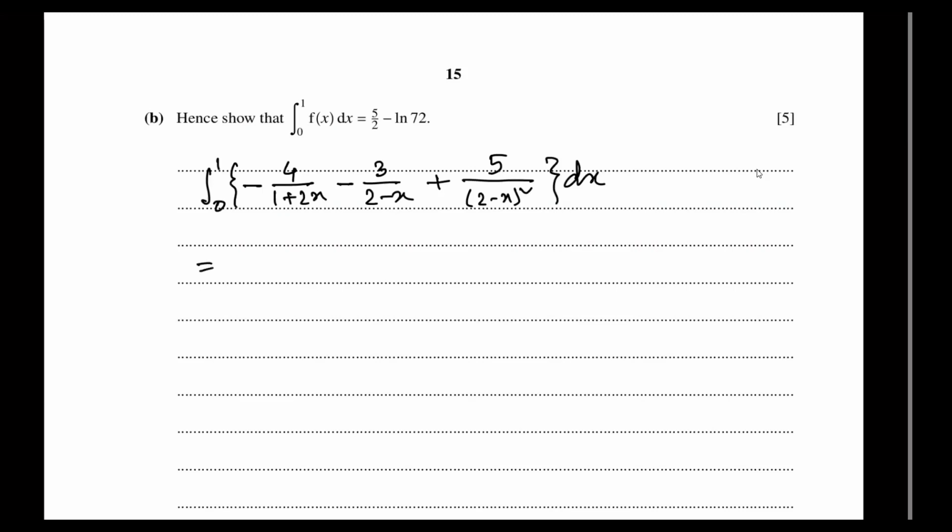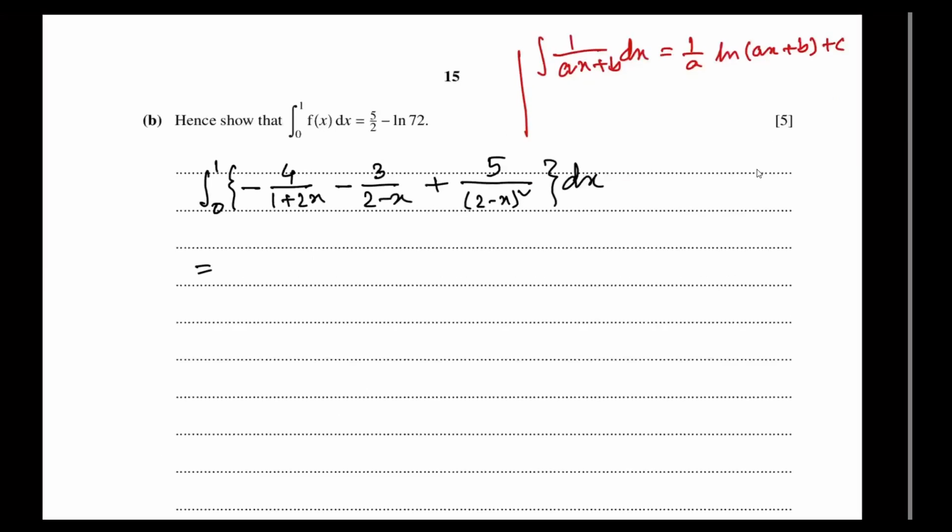So you use the integration. Let's start the integration directly. Remember the formula we'll be using here: the integration of 1 by ax plus b is 1 by a ln of ax plus b.